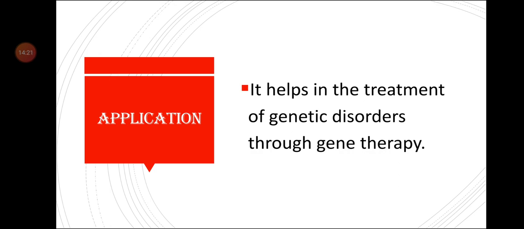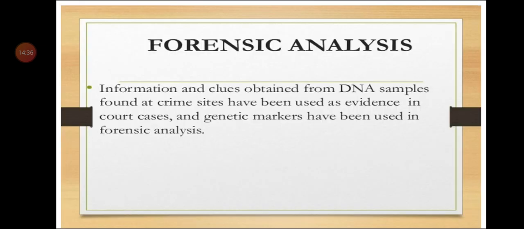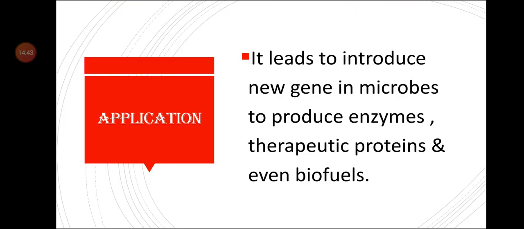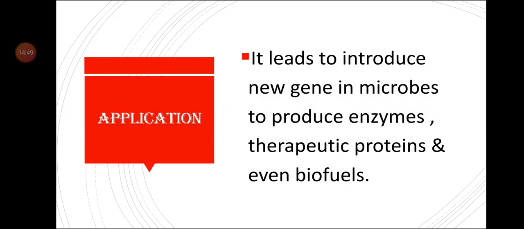Fourth, it is helpful in agriculture to develop transgenic crops and get desirable characters. Next, it is useful in forensic analysis. And the last application is that it is useful in microbes to produce enzymes, therapeutic proteins and even biofuels.